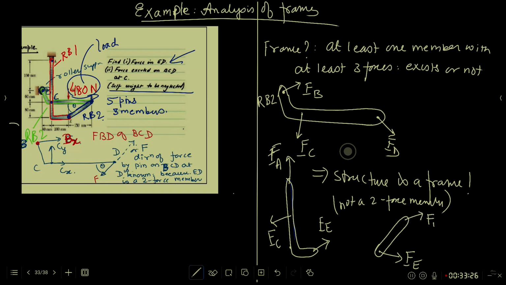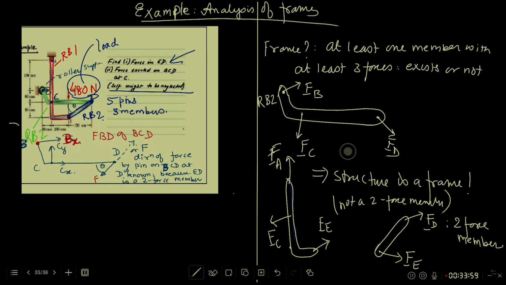Now what is the significance of identifying a two-force member in a frame? The moment you know that a particular member is a two-force member, you know that these two forces will have equal magnitude and they will be either pointing towards each other or pointing away from each other.